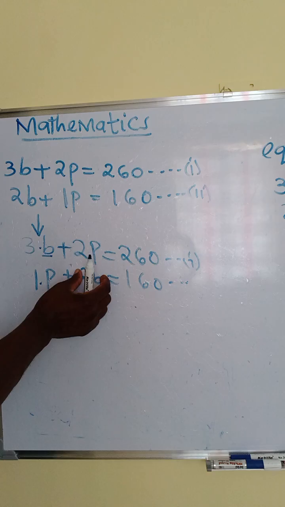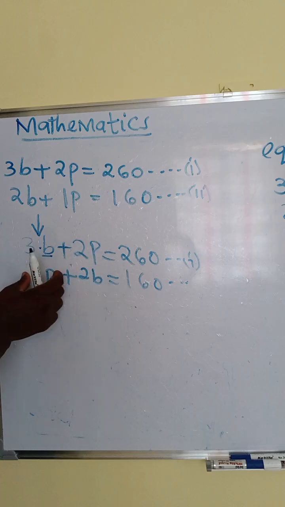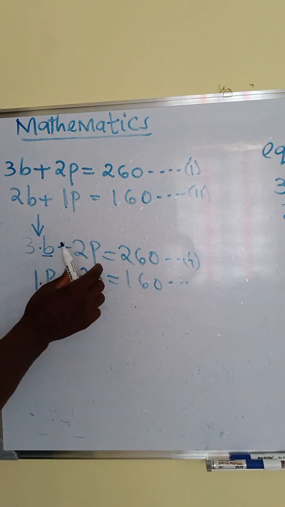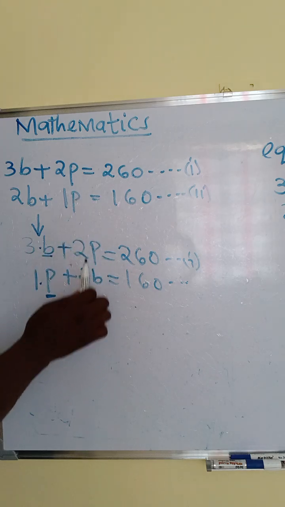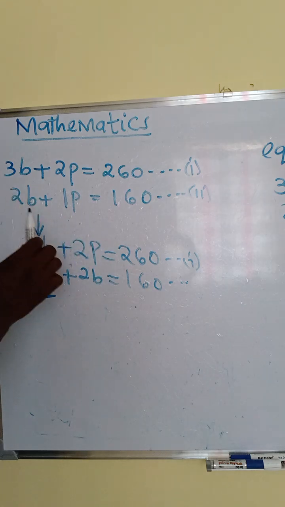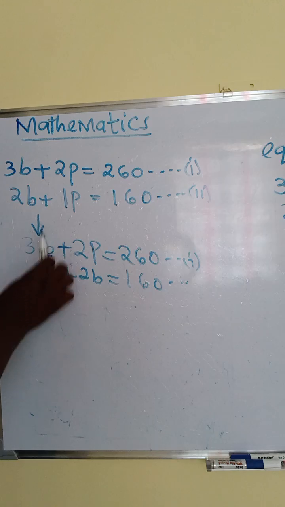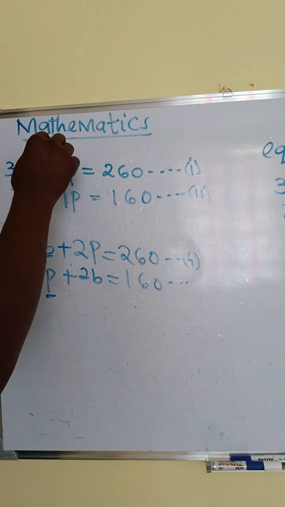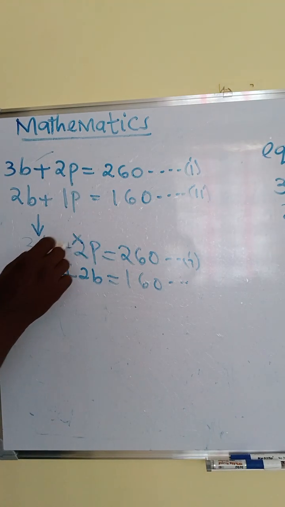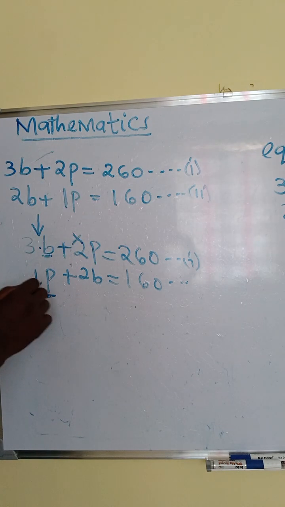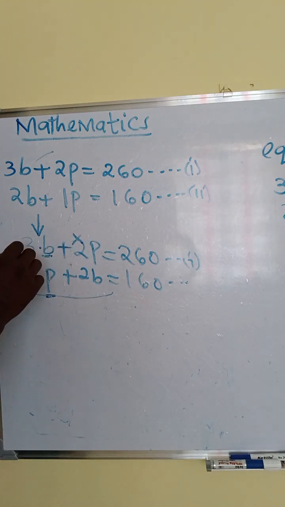Just take one of these, bring it here, and the other one to go there, so that you can align them in order, because you can't work them out when this value is reading a different figure from that. Ensure they are both reading the same letters like this. So this is correct, this is not correct. If you happen to do this, ensure you avoid it completely.